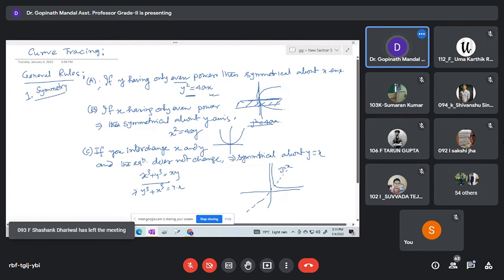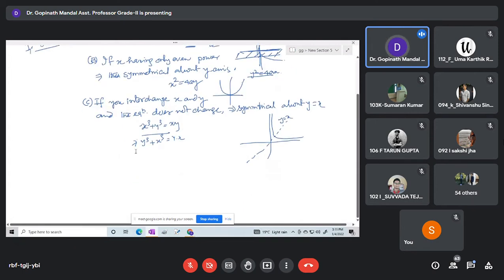This is the first. Second, we have to find the origin. Origin is present in the equation, or the equation goes through the origin or not. Origin means 0, 0. If it goes through the origin, then find tangent at the origin.